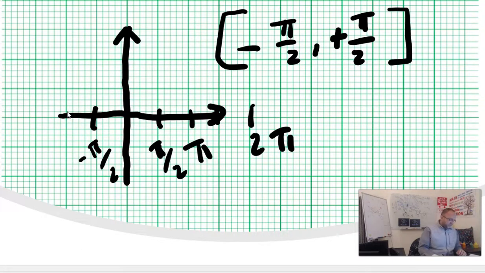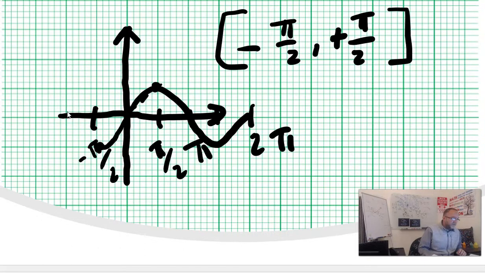It goes 0 here, minus 1 here, and it goes like this. And it goes again, at minus pi over 2, it's right here at minus 1. So I'm going to take that stretch from here to here.